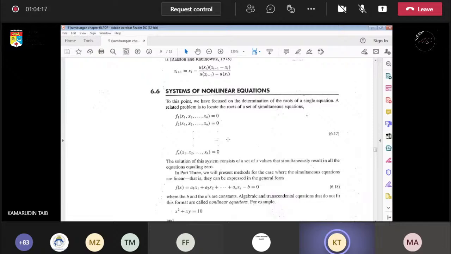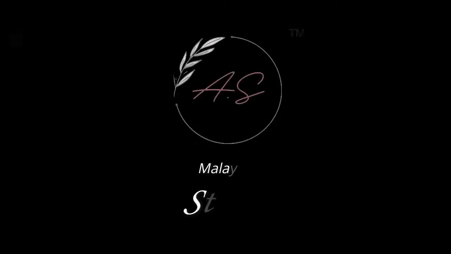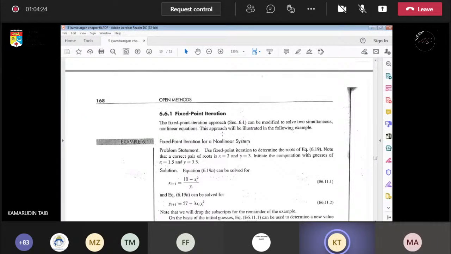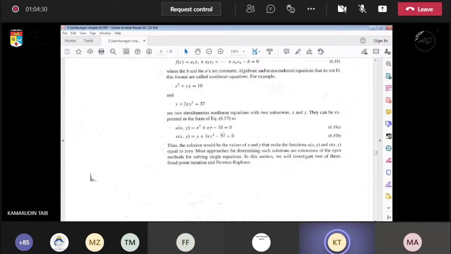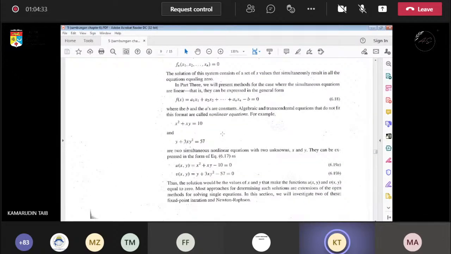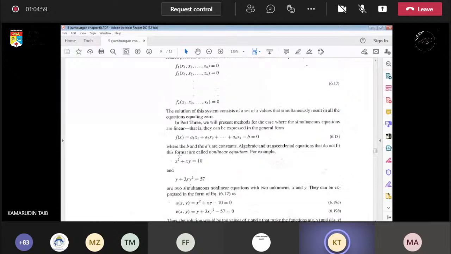Now look at the system of nonlinear equations. For example, this one: x squared plus xy equals 10, and y plus 3xy squared equals 57. So we have two equations and two unknowns, two simultaneous unknowns x and y, which can be expressed in the form of equation 6.17.